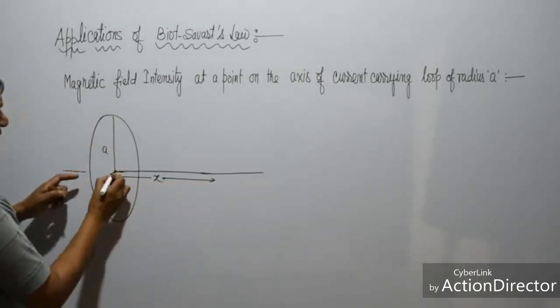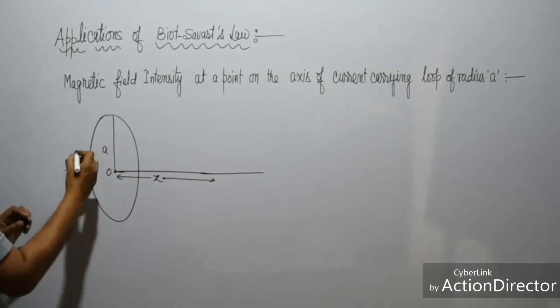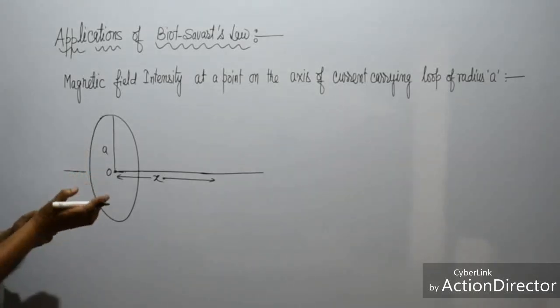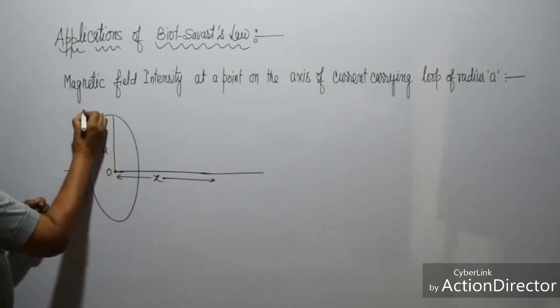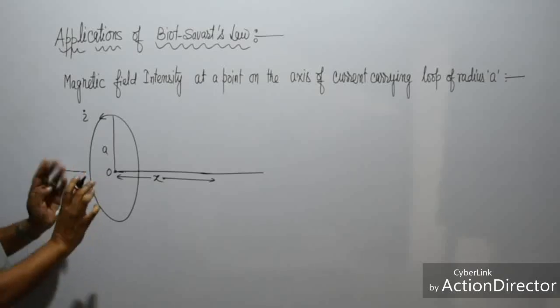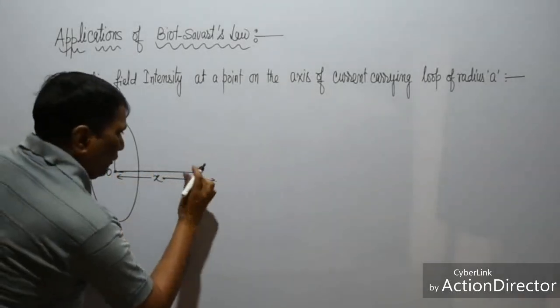This is the center of this current carrying loop. Suppose current in this loop is in this direction, I. This loop is not in the plane of the whiteboard.